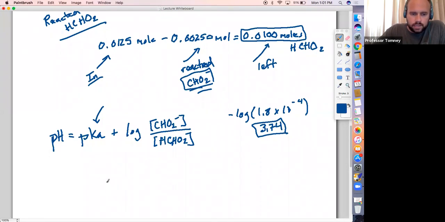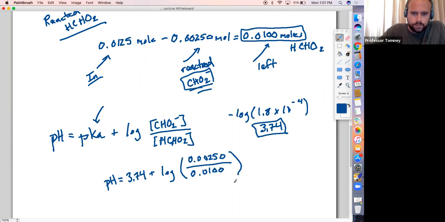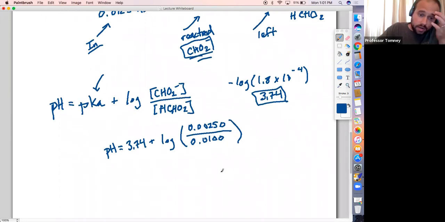So let's set this up. It's going to be pH equals 3.74 plus the log of, now it's the formate ion, so 0.00250 over 0.0100. You put that into your calculator and you'll get the pH back.